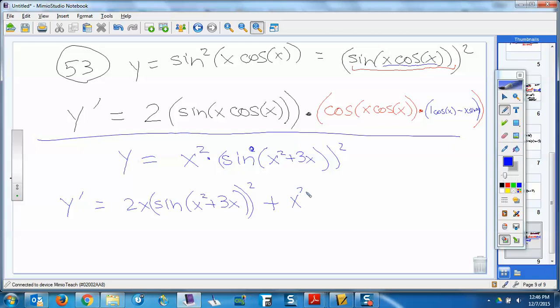Plus the x squared left alone, times now, I would have put a big set of parentheses just here, knowing that the derivative of that part is going to be a mess.